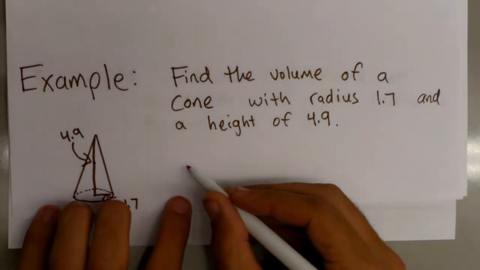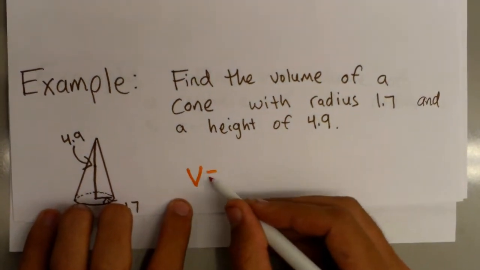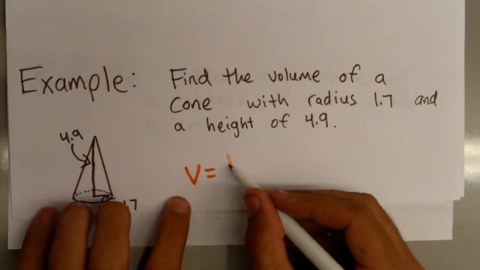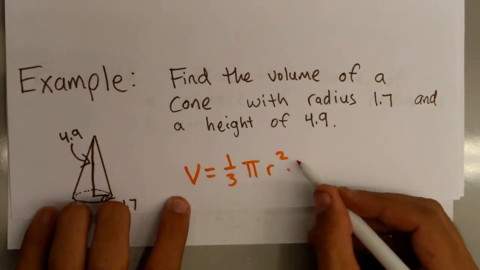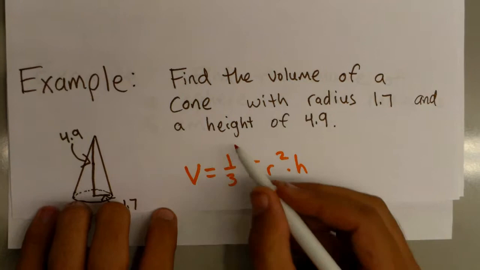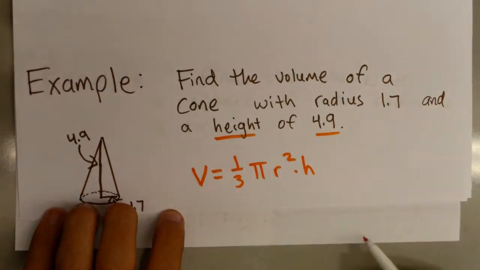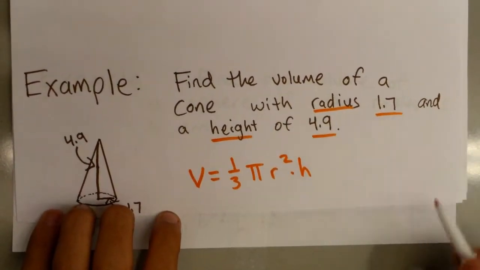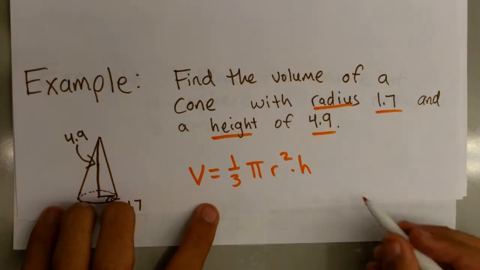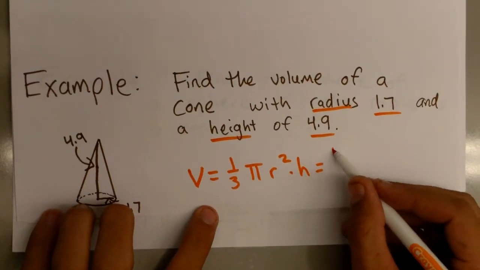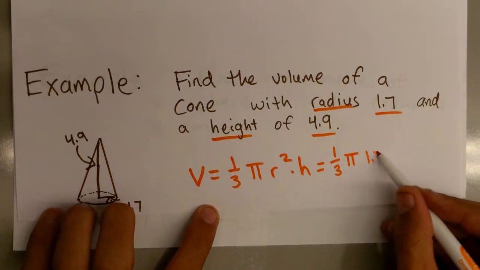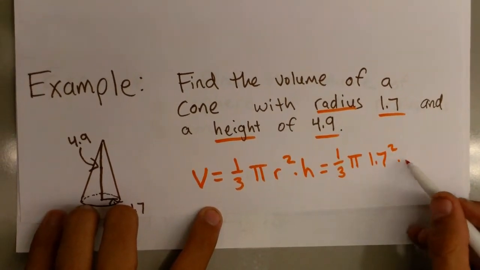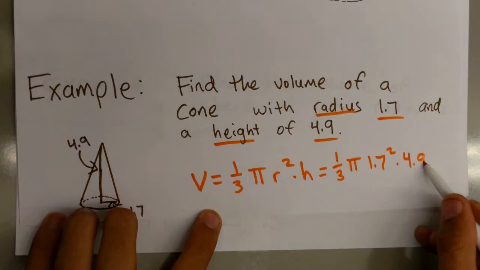So first step is to write the formula. Volume equals 1/3 pi r squared times height. And we know that the height is 4.9 and the radius is 1.7. So let's substitute these in: 1/3 pi times 1.7 squared times 4.9.